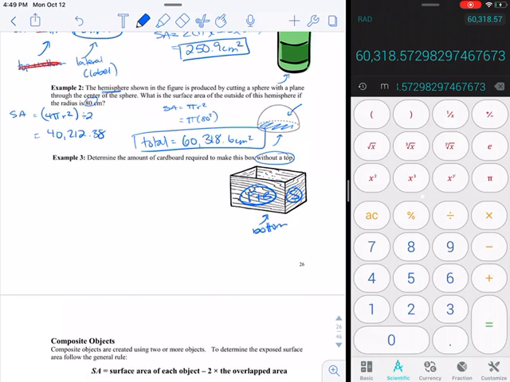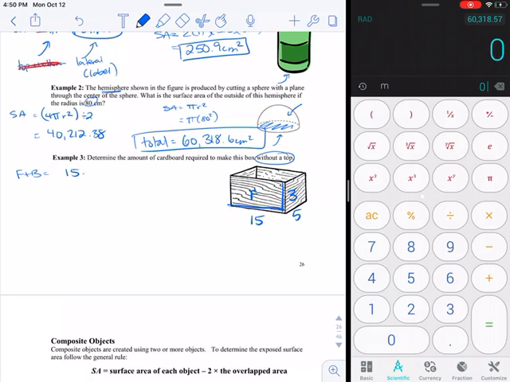All right, so for the front and back, there are no measurements in this example, so let's come up with some measurements. So 15, 5, and 3. So let's do the front and back would be 15 by 3. And then we have 2 of those, so we'll multiply that by 2.